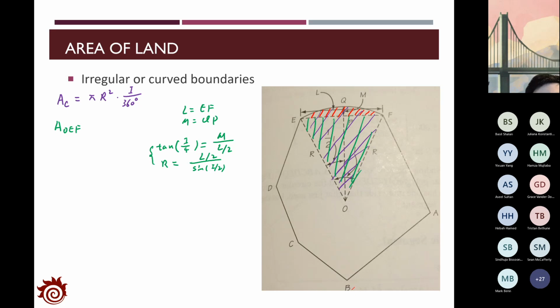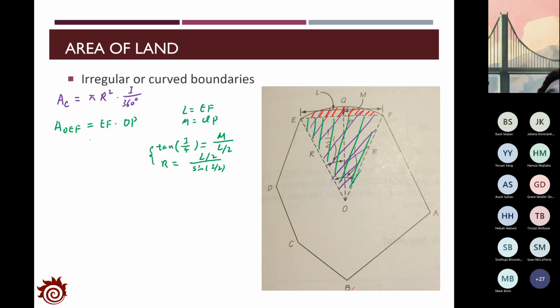Then we can calculate the area of the triangle OEF. In this case, that would be the length of EF times the line O to P, divided by 2.